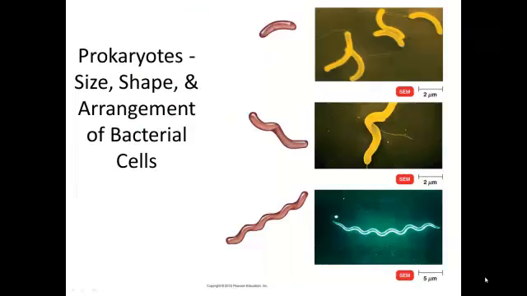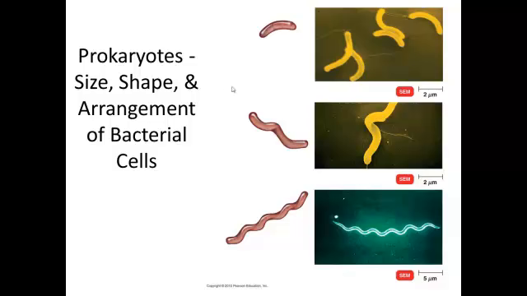Once rods or bacilli get long enough, depending upon the bacterial species, they can start doing some fun things. For example, they can curve. Up here at the top, we have a type of bacterium that tends to form short curved rods that look like commas. We call this Vibrio. Cholera is an example of a Vibrio.